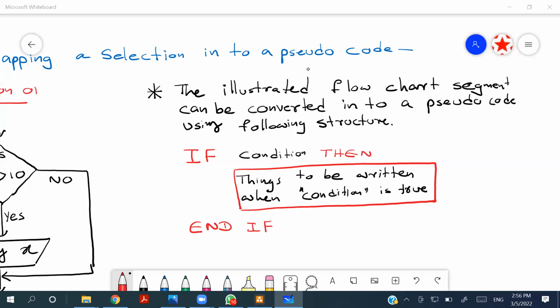Let me know when you are done, Ravindu. Ravindu, are we done? Okay, so let's move forward.